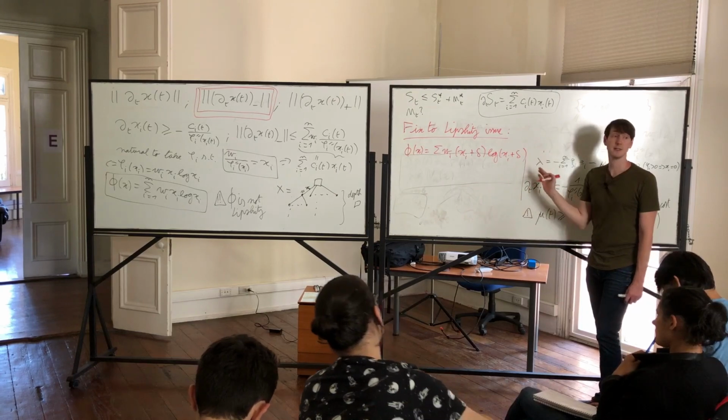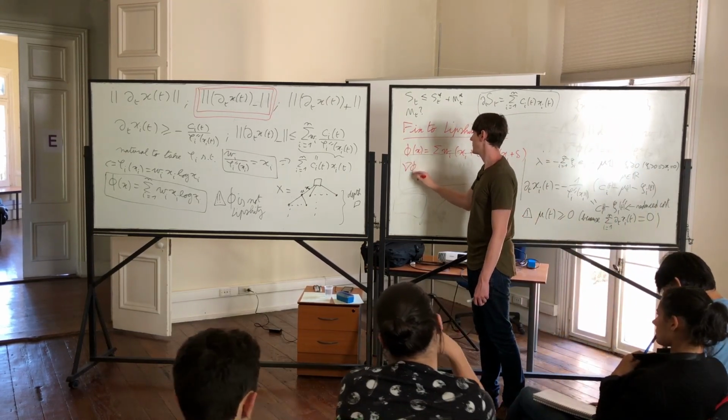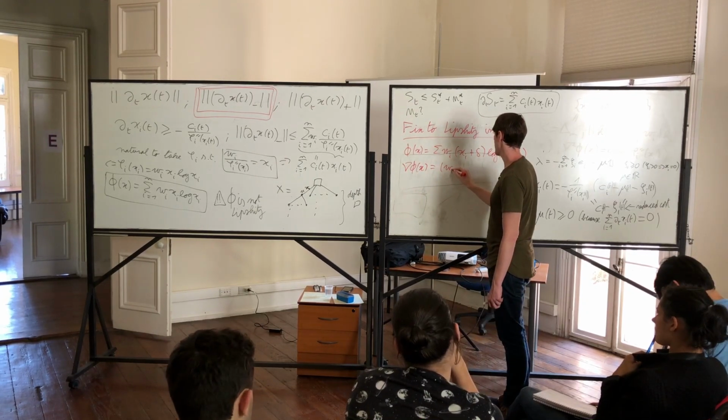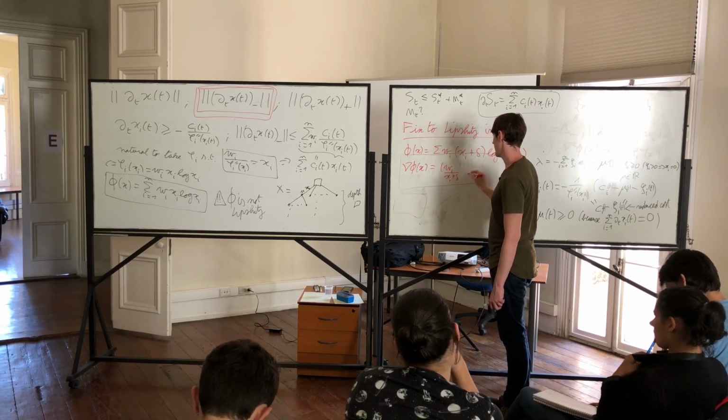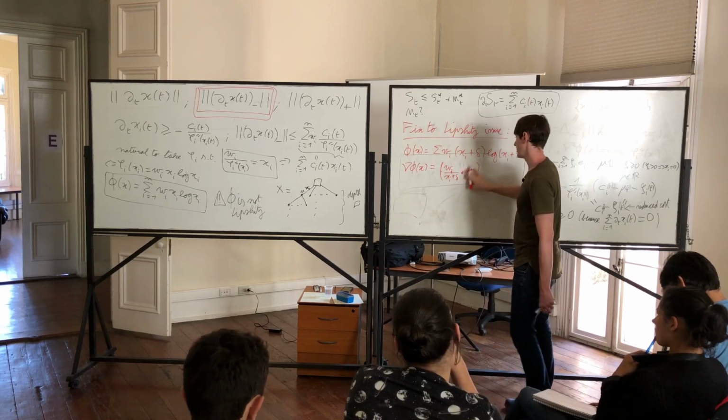Okay, so now this is going to be Lipschitz, right? The gradient of this phi of x is just wi over xi plus delta, plus some constant, which doesn't matter. Let's forget about the constant.